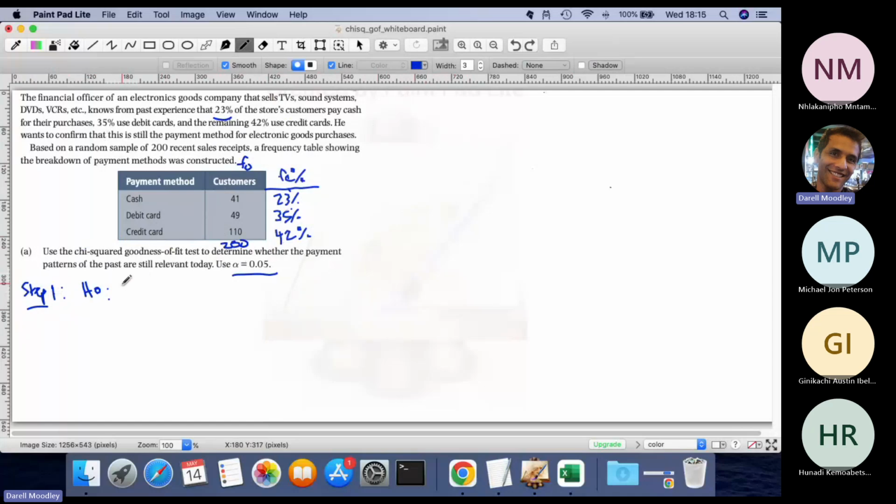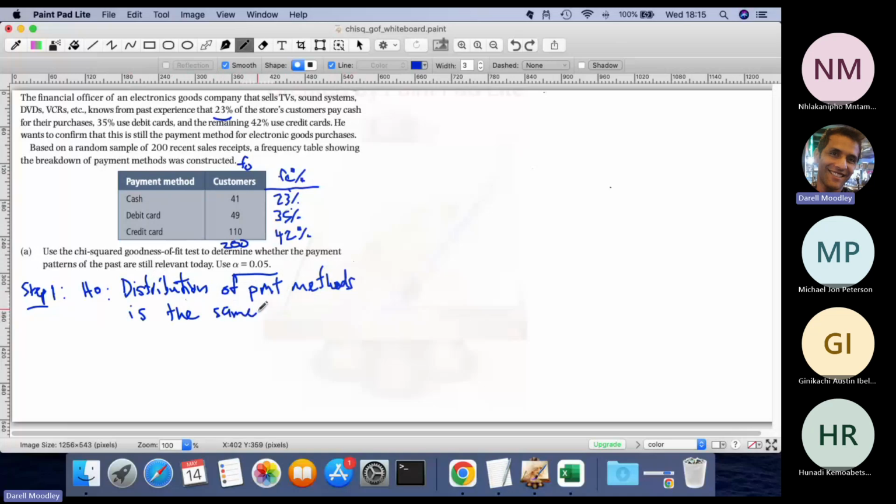So you would say the distribution of payment methods, because that's what we were looking at. I'm just going to write PMT for short for payment, but just know it's payment. Payment methods is the same.